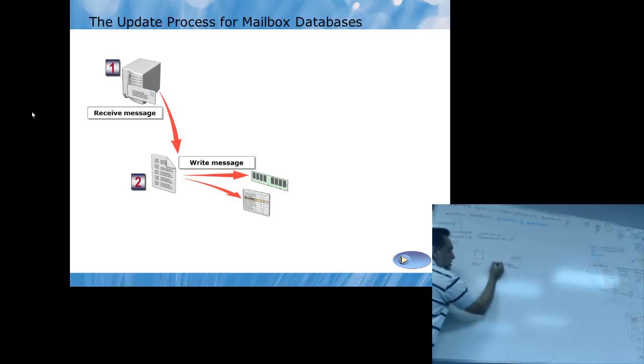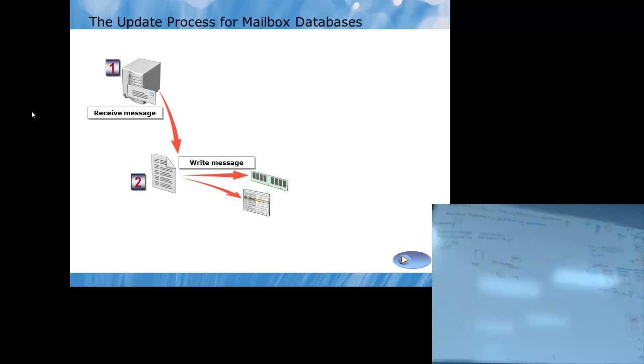So this is the RAM of Exchange. So basically it goes to RAM, and a copy of that message is sent to a transaction log file. So this is your transaction log file. This is your actual EDB file. This is your log file.